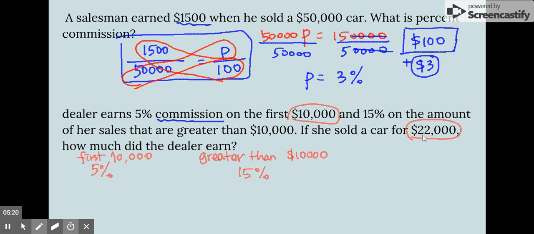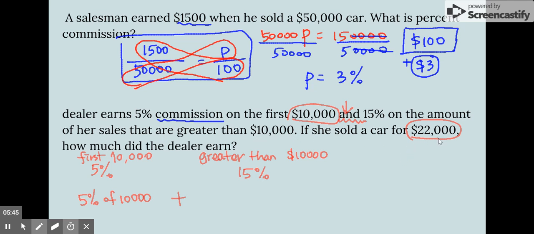So for the first $10,000, you're going to get 5%. So your commission is going to be 5% of 10,000, right? And you're going to get 15% of the rest of the amount that is greater than 10,000.